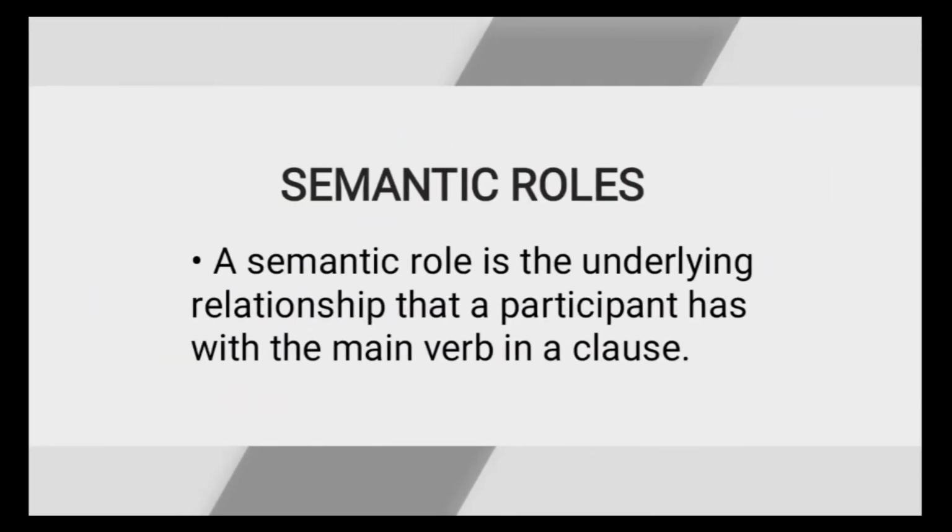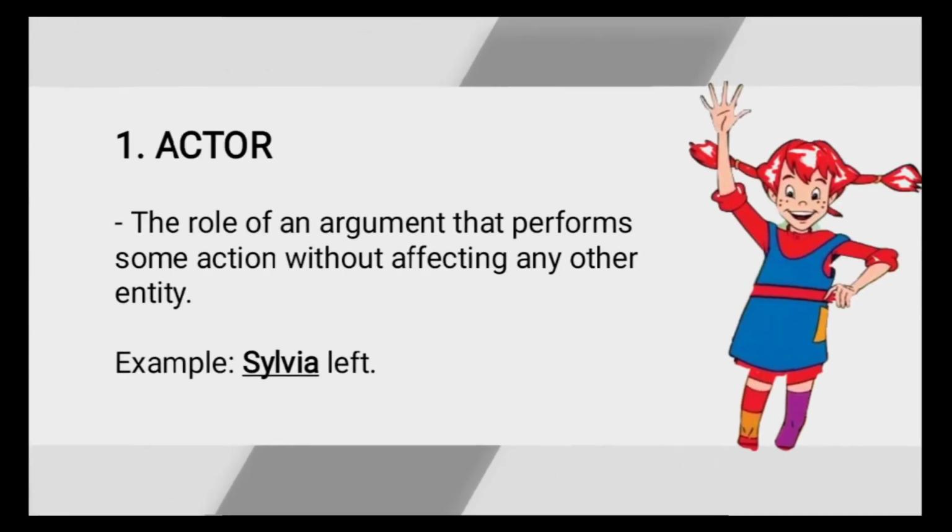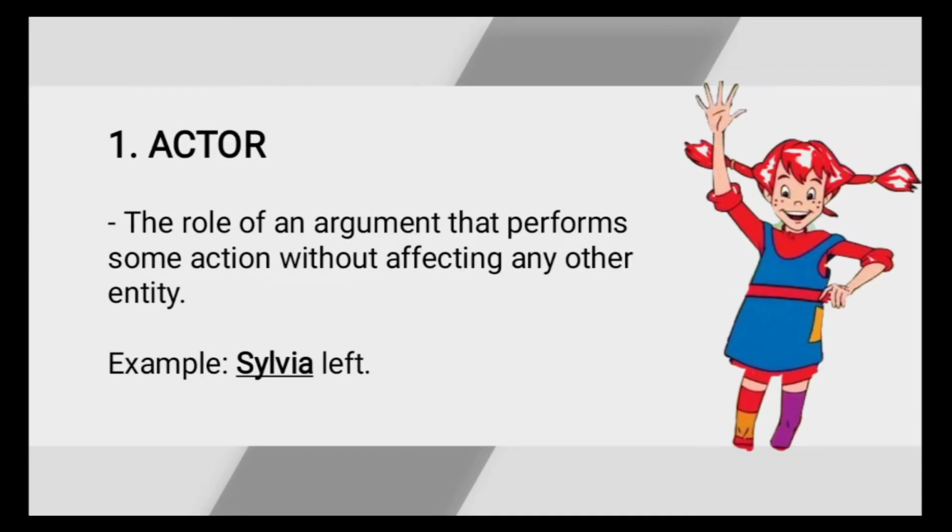Now let's move on to semantic roles. A semantic role is the underlying relationship that the participant has with the main verb in a clause. We have different types of semantic roles, and the first is actor.